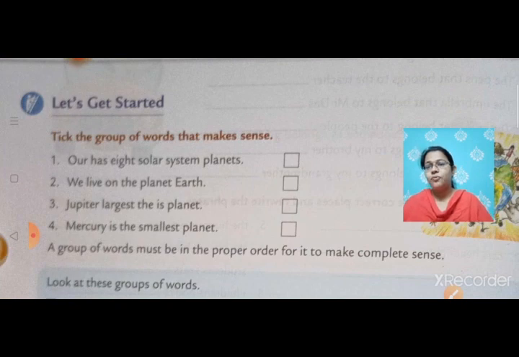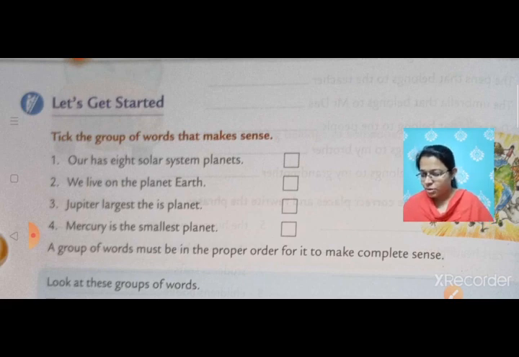You need to find out कि कौन से group of words है जो sense जिसका कुछ मतलब होता है. You need to tick the group of words that make sense. मतलब वो जब हम बोलते हैं, it does have a complete sense. If it does not have a complete sense, then we are not going to put a tick mark over there.